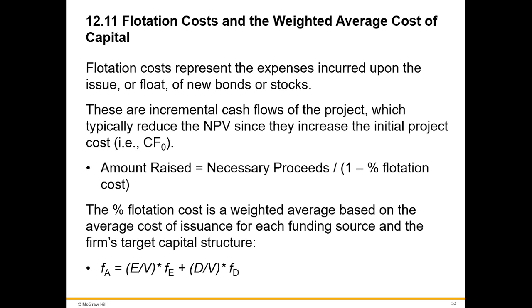When we sell new bonds, we have to pay some costs beyond getting the money. So these are considered incremental cash flows of the project. These are costs of the project and should reduce the net present value since they increase the initial project costs. So the amount raised equals your necessary proceeds divided by 1 minus the percentage of flotation costs.